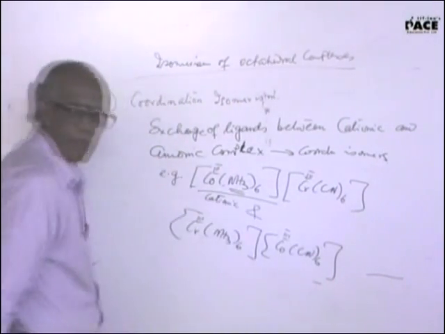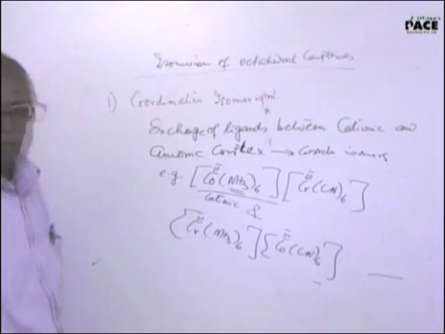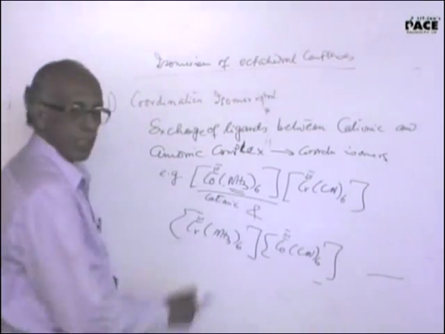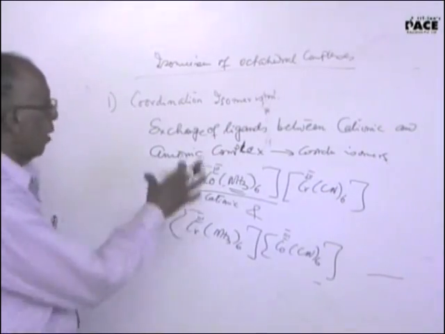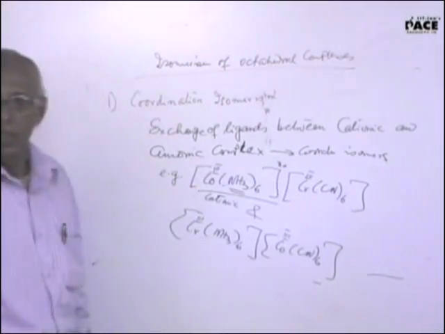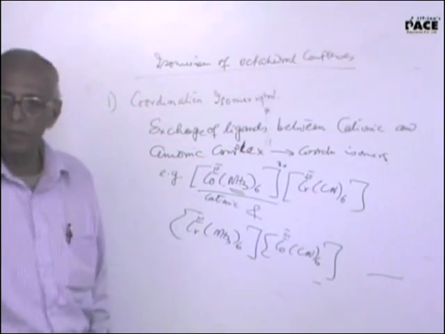Because ammonia is neutral and cobalt has 3 positive charge, the charge of the complex will be 3 positive, so it is a cationic complex.